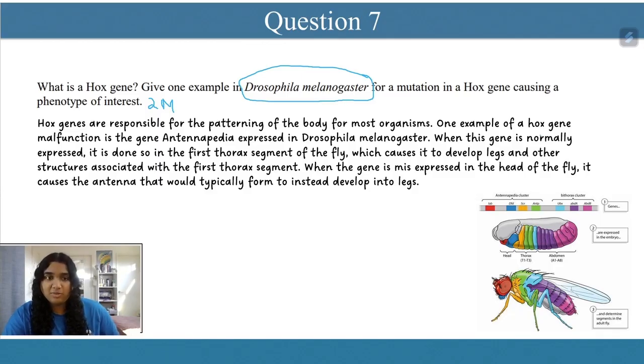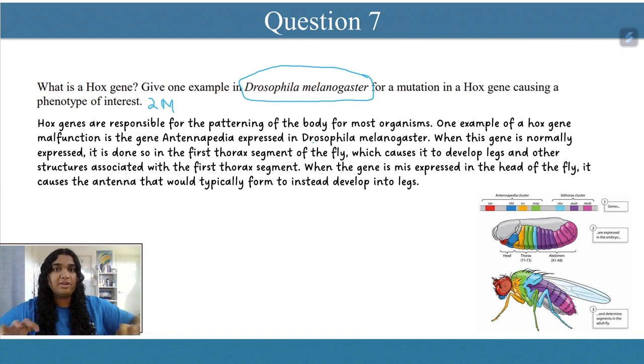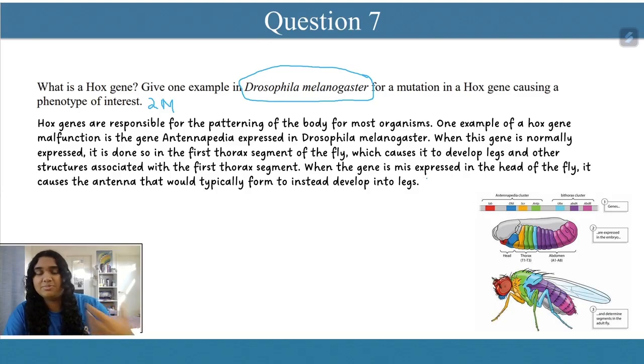When this gene is normally expressed, all of the segments of the fly are going to develop in a normal way. So it causes legs and other structures to develop out of the thorax. If the gene has a mutation, for example, if it's expressed in the head of the fly instead of the thorax of the fly, it can cause antennae that would typically form in the head to instead develop in the legs.